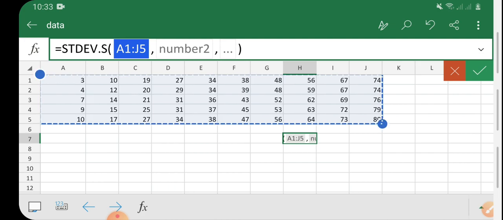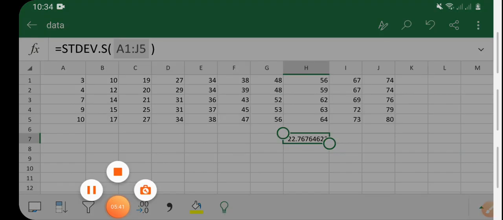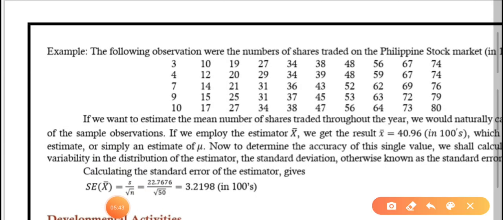Then just press the check mark. Then we have 22.7676462. Remember that 22.7676 is where that value came from. So you can use your Excel in solving the standard deviation of the sample.